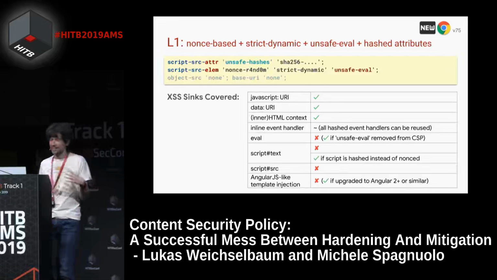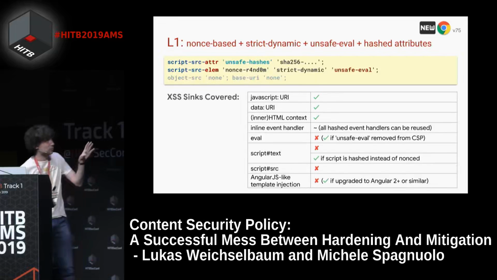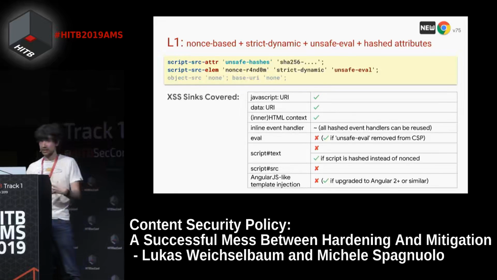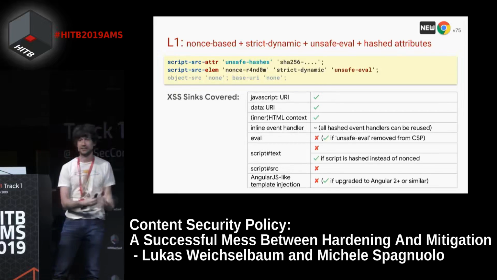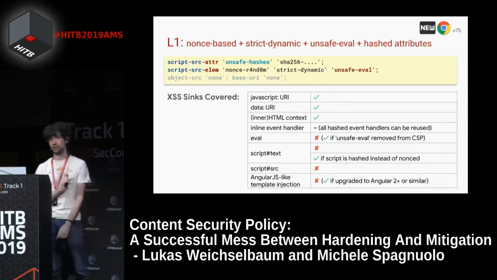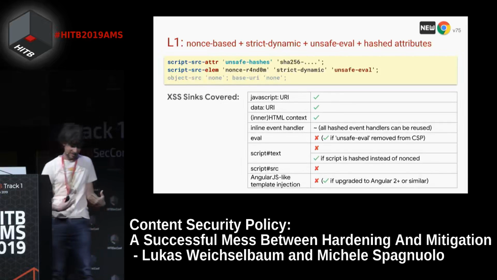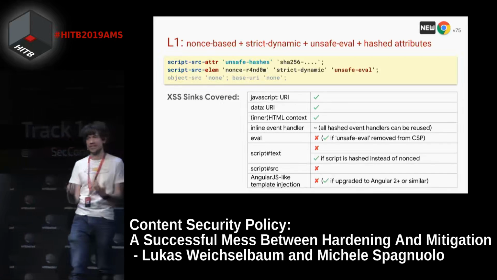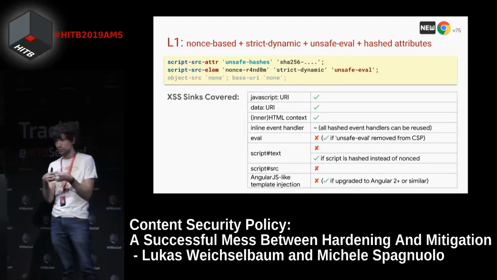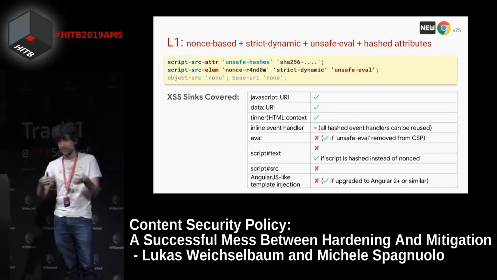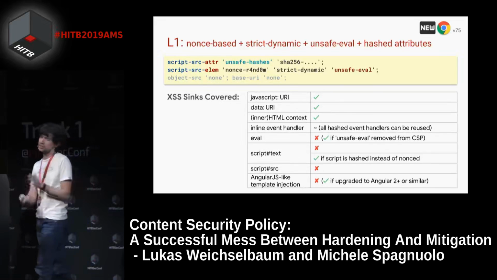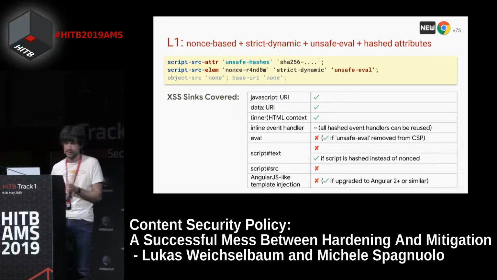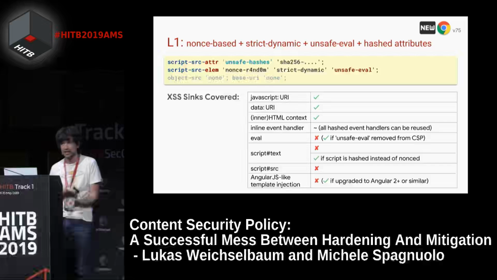But the idea is, since you are whitelisting them by putting their hashes, an attacker can inject a script tag that does exactly and only that code. So an attacker can create some kind of gadget chain, like a ROP style gadget, by putting different allowed pieces of JavaScript in a chain. So this is pretty advanced, but this is something to keep in mind. This is what is being relaxed by this.